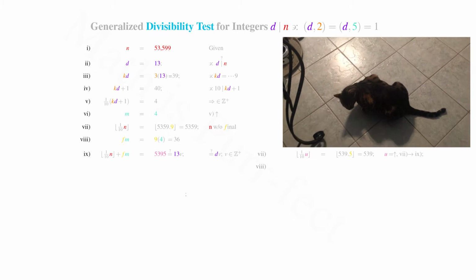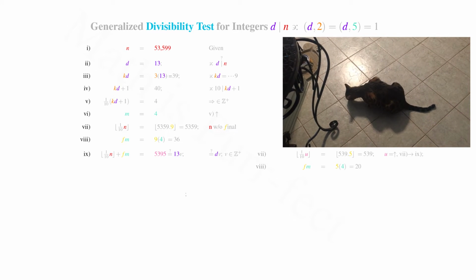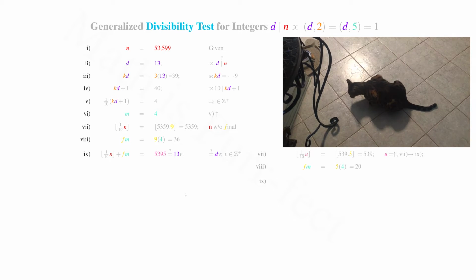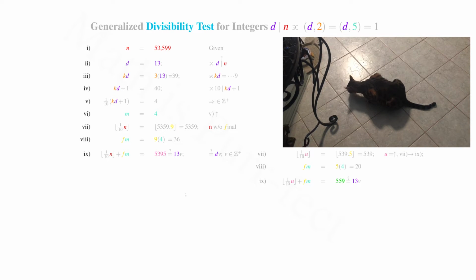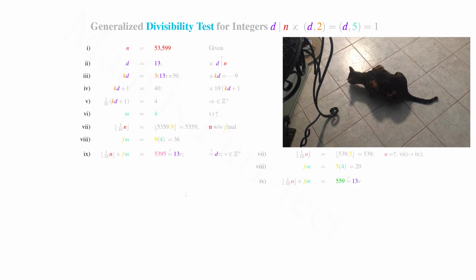Next, we take the decimal 5 and multiply it by the key m equals 4, which we found in step 5. This results in a product of 20. Finally, step 9 is to sum the results from the previous two steps, namely 539 and 20, resulting in 559.